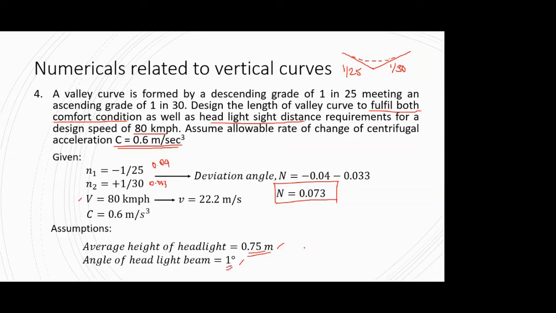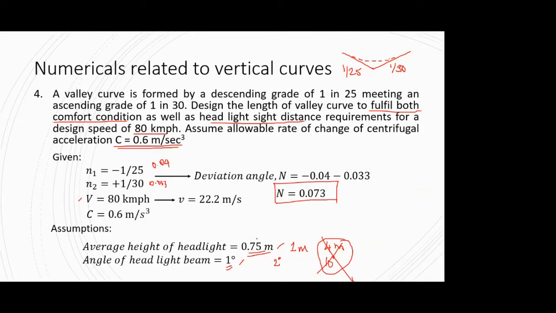If you wish, you can use some other values, like 1 meter here, or 2 degree here also, but it should be a slight deviation from the average value. It's not like you can use the angle of headlight beam as 10 degree and average height of headlight as, suppose, 4 meter. These are unrealistic values. You cannot have a headlight at 4 meter from the ground level with the upper beam at 10 degrees, so that will not be a feasible value.